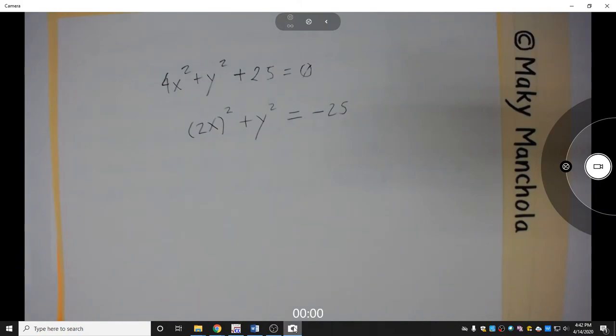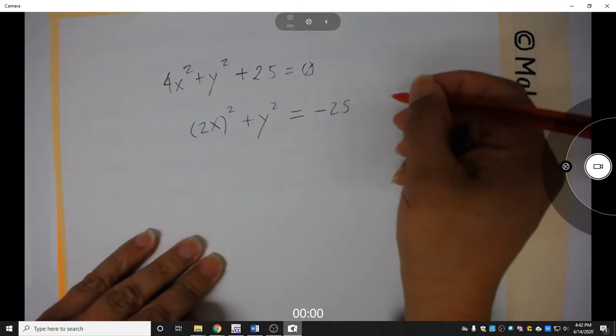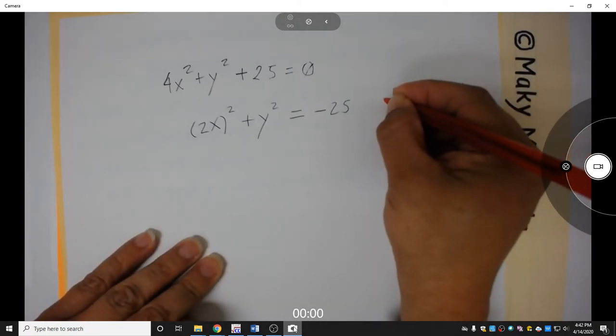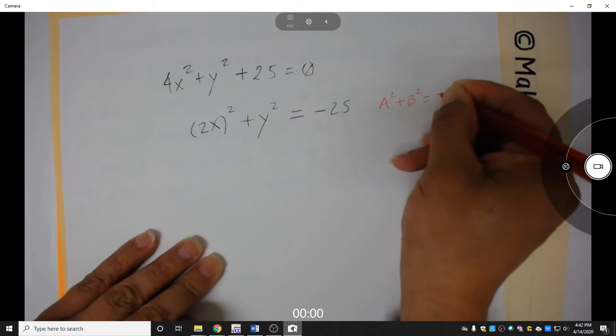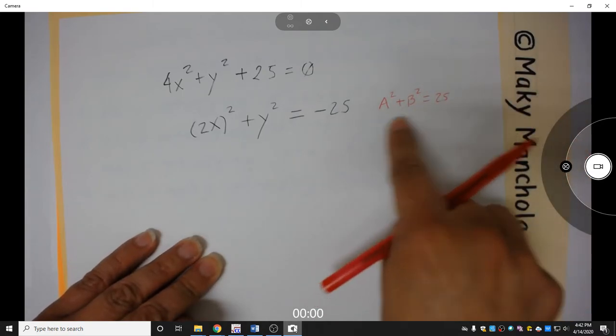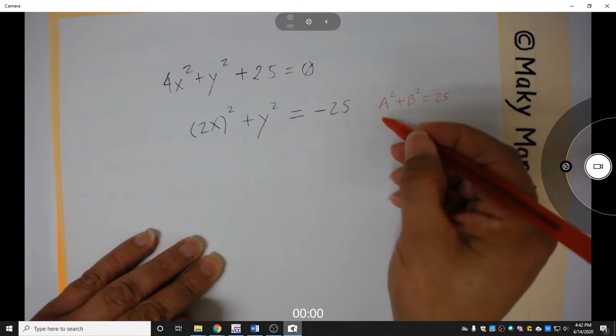This equation looks familiar. It looks similar, it's not the same. It looks similar to an equation that has the form a squared plus b squared equals 25. We know that such an equation does happen to have integral solutions.